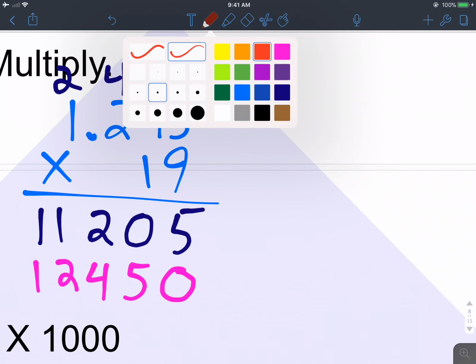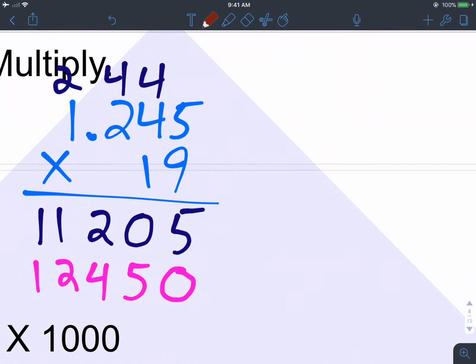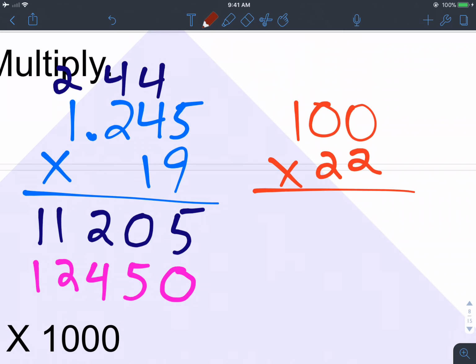Why do I have to put a placeholder there? Because whenever I multiply, you have different levels of the digits, I suppose.